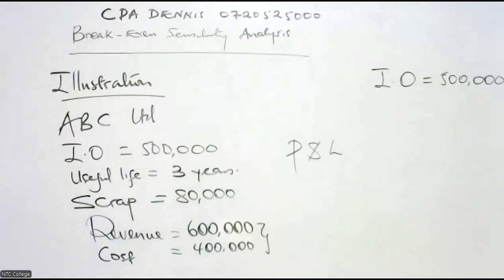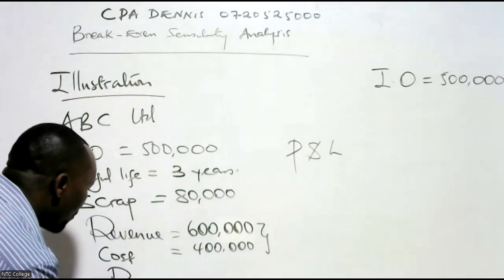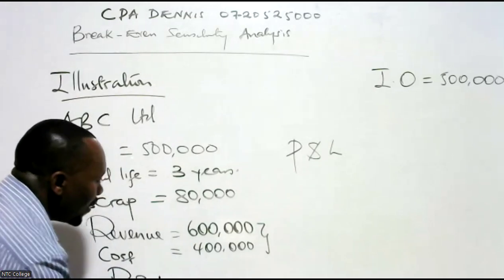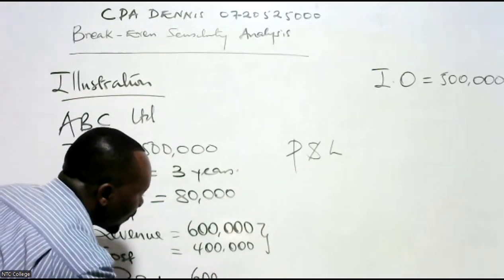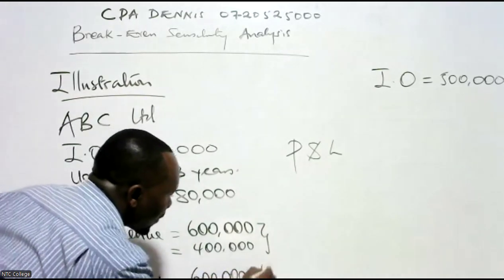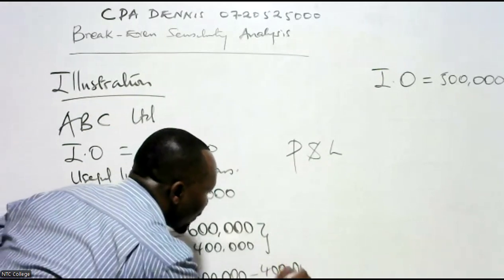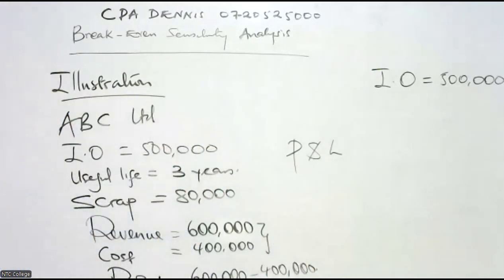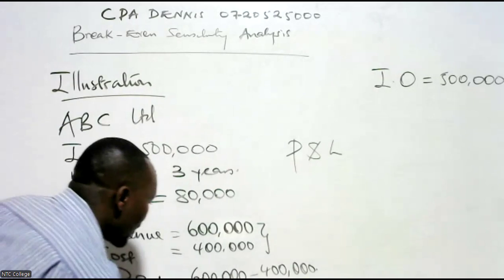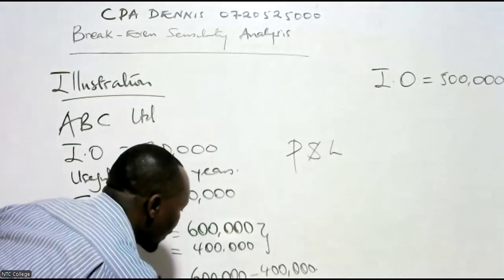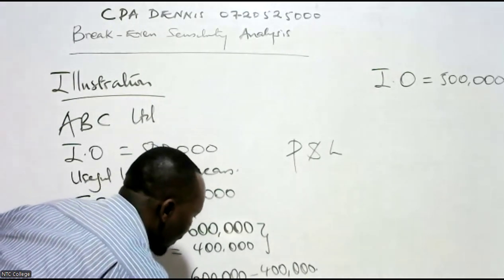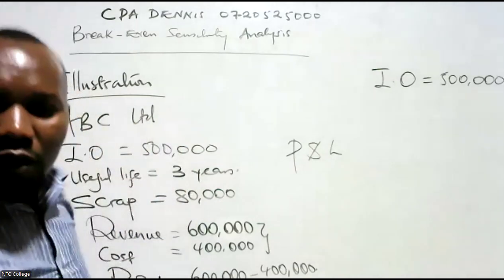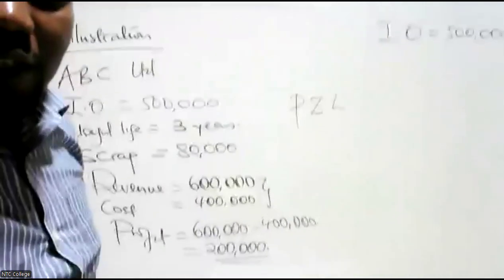From that information alone, we can conclude that our normal profit will be 600 minus 400. That is the operation profit, and that is basically 200,000. Operation profit will be 200,000.